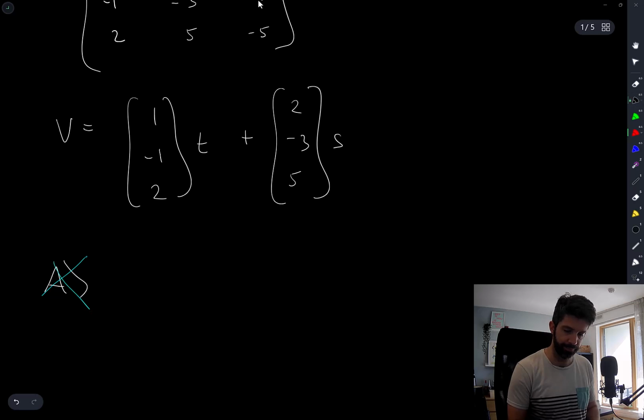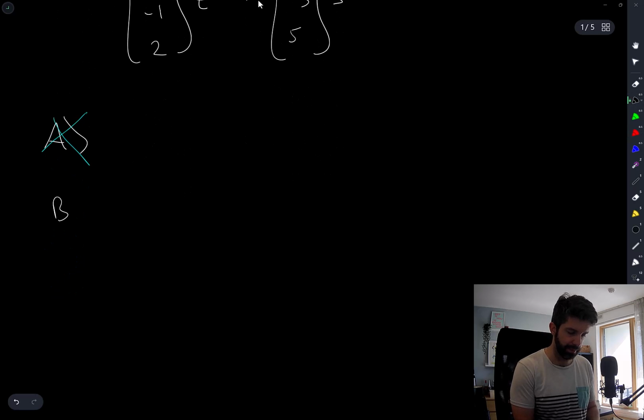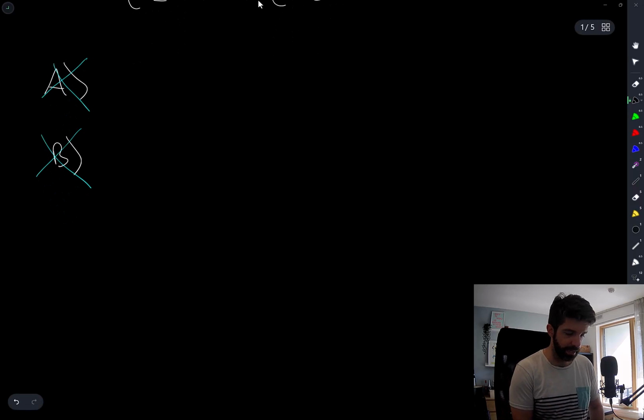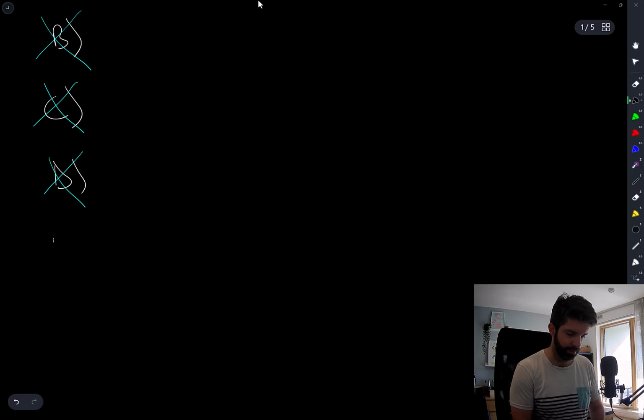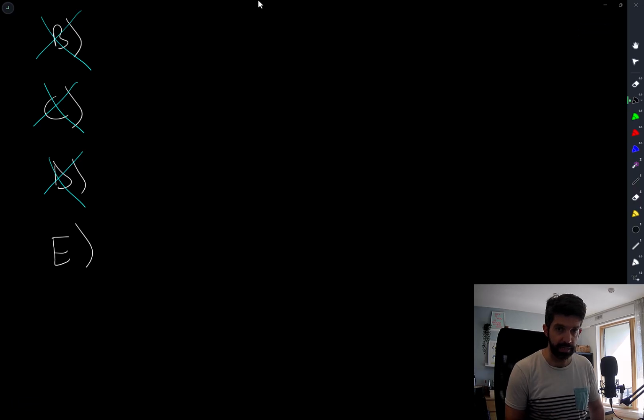B is eliminated because it gives a three-dimensional set, and we know the span is only two-dimensional. C is also eliminated because the third row is always 0. D is eliminated because these vectors are not of norm 1. And so by process of elimination, the answer is E.